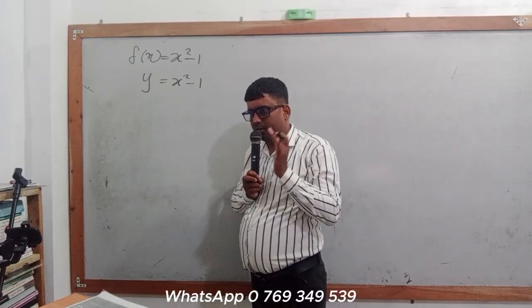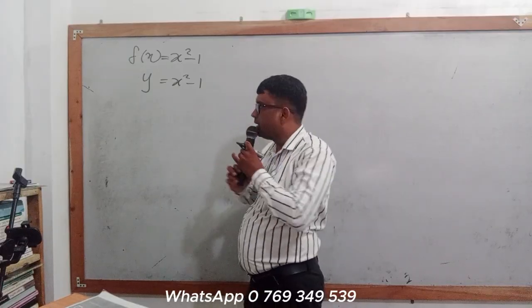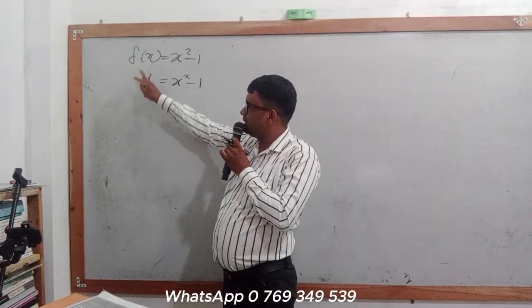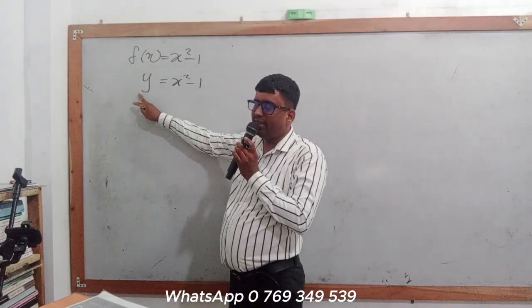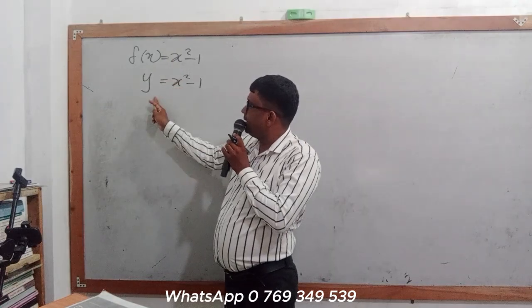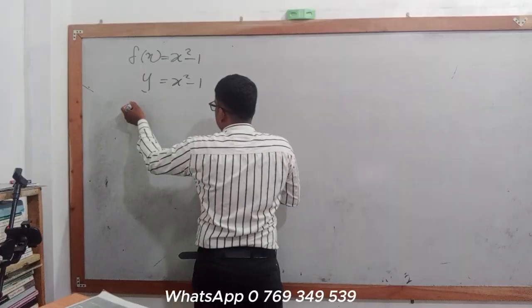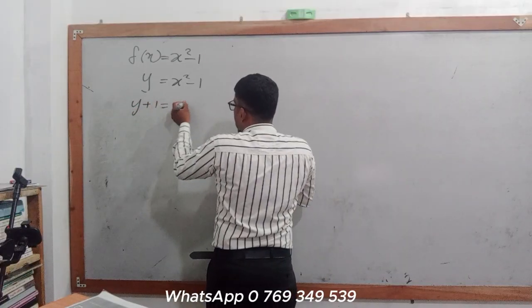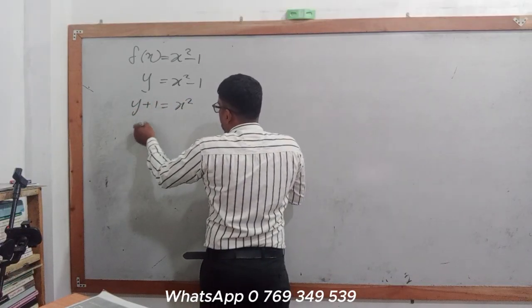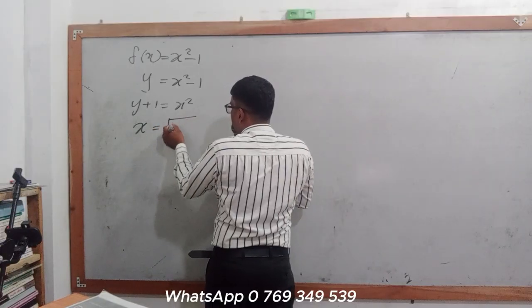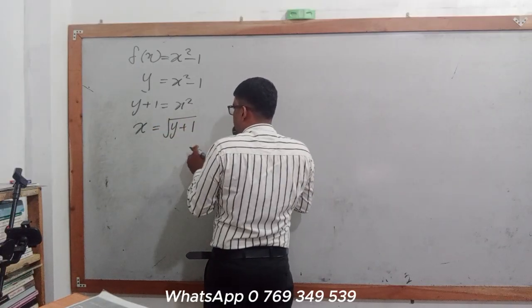Carefully take the system, right? This is given as f(x), and you can take that this is the y and this is the equation like this. Then you have to make x square the subject. Then this one goes to here: y plus 1 equals x square. Therefore x equals root of y plus 1.